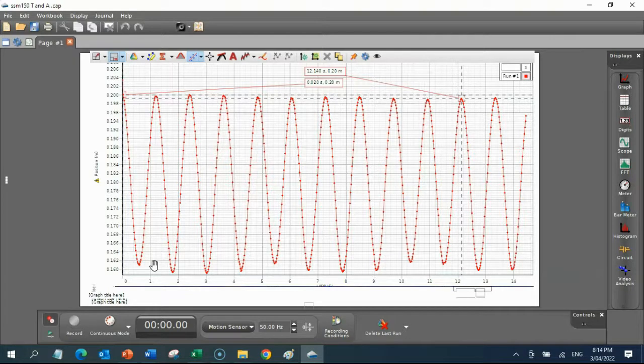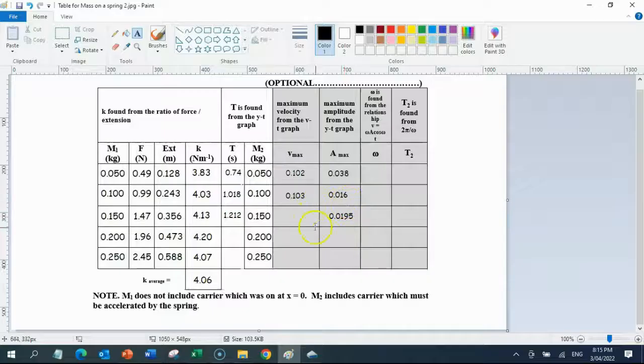So if we get the difference between those two numbers, it comes out as 0.039. But then we divide that by 2 to get the amplitude, and that will give us a figure of 0.0195. And we put that in the table. So there's our figure of 0.0195.